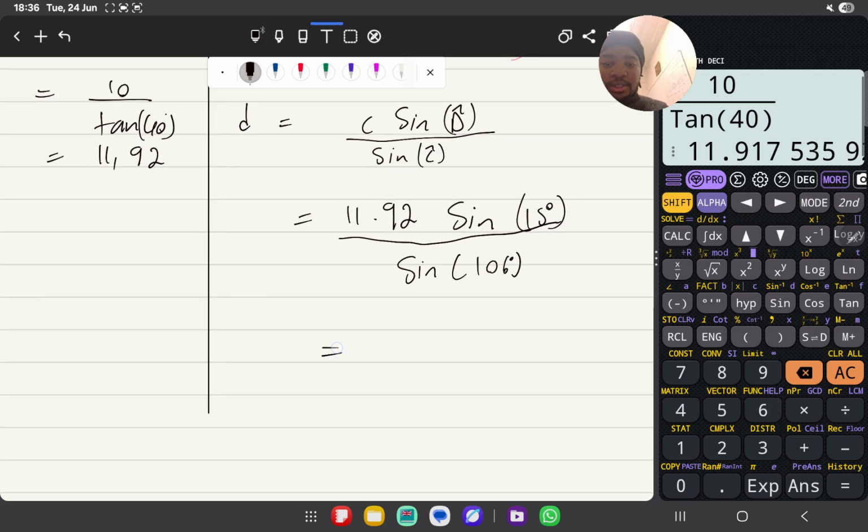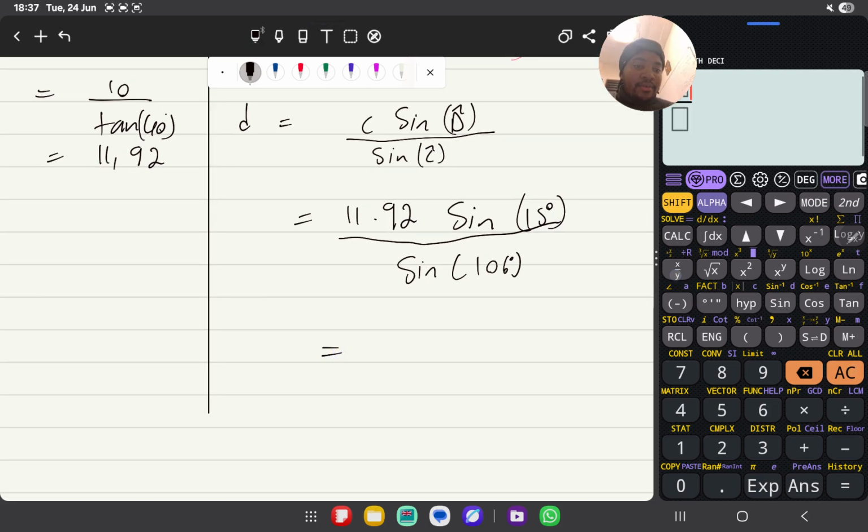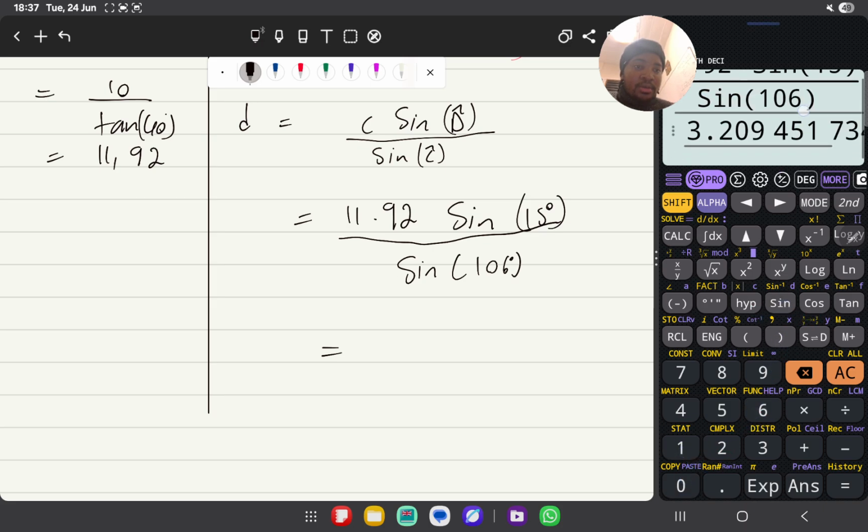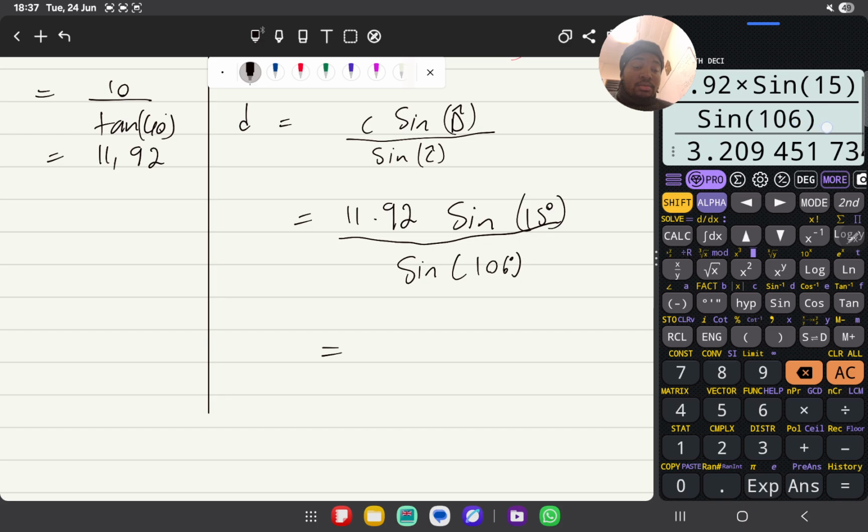You put that in a calculator and you have your answer. Wow, such a very small side. Didn't expect it to be that small. 3.21.